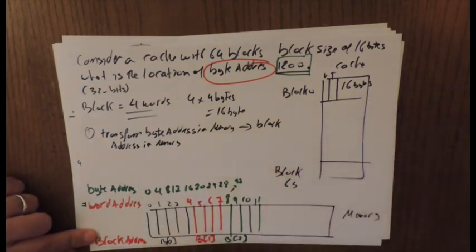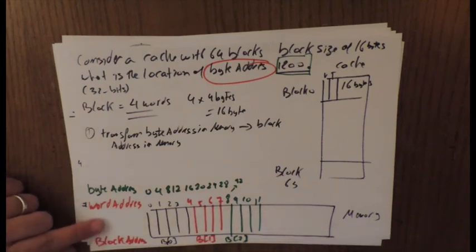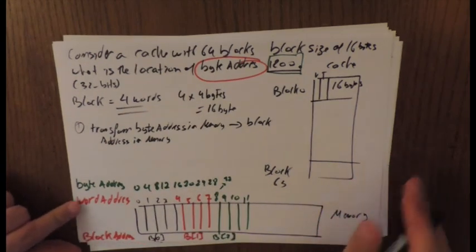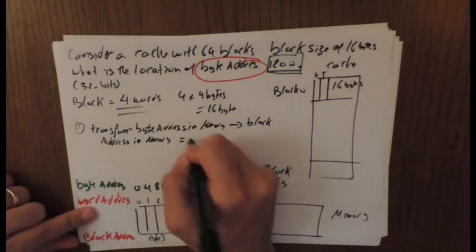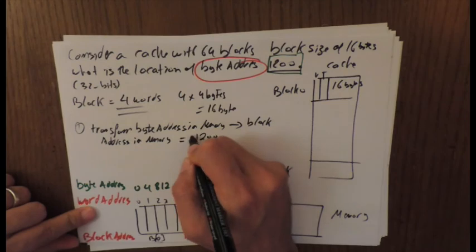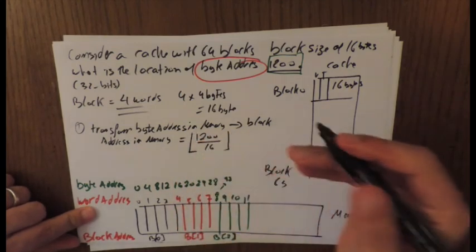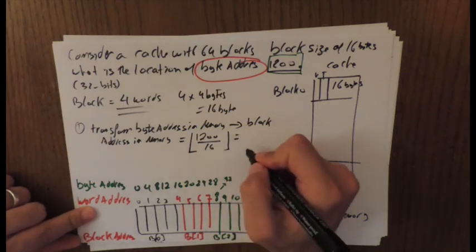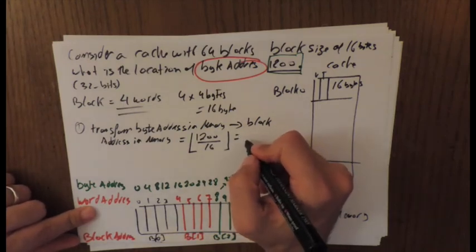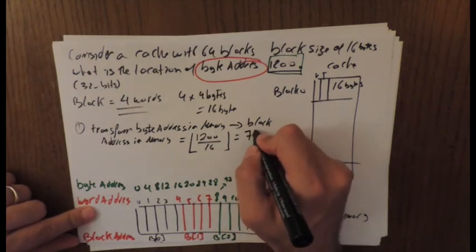Each block is 16 bytes, so this transformation is very easy. It will be equal to 1200 over 16, and we just round down. So 1200 over 16 would be 75.